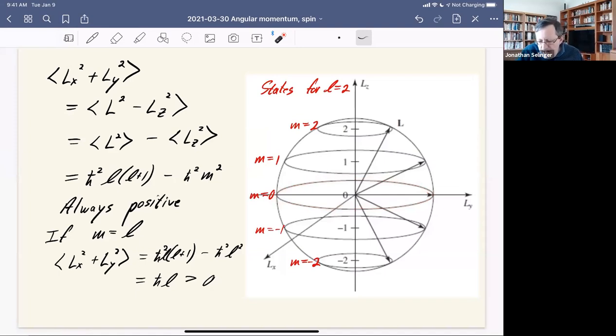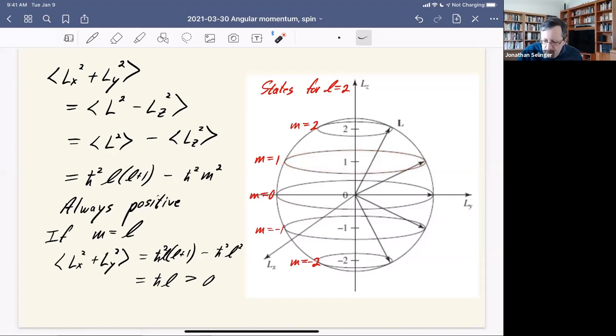Likewise, if you're in the state m equals 1, then Lz is equal to h bar. For sure, definitely. There's no other possible value of Lz. But Lx and Ly could be anything around this circle. Okay, so there's this whole set of possibilities.